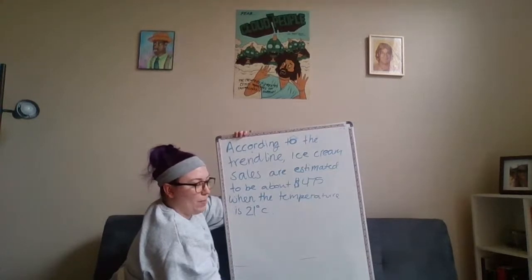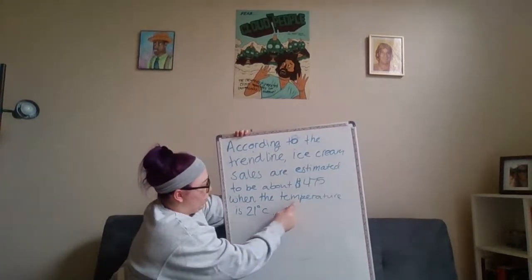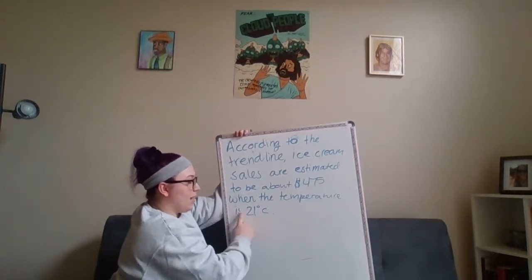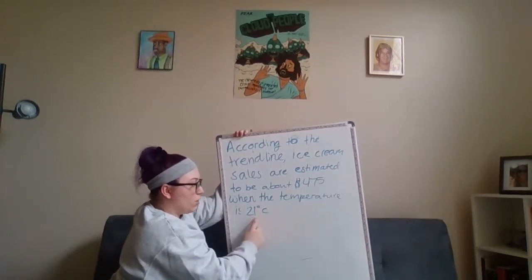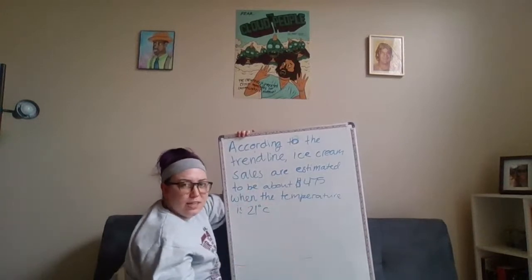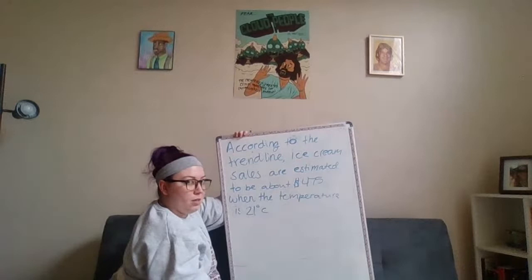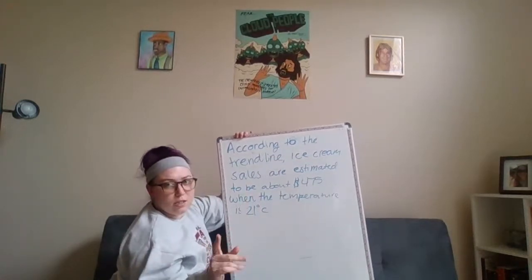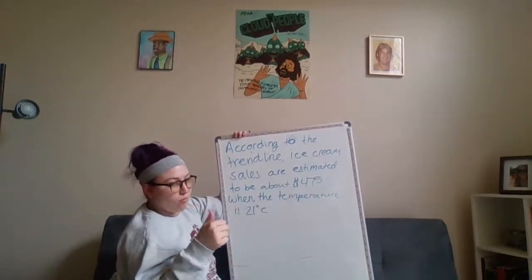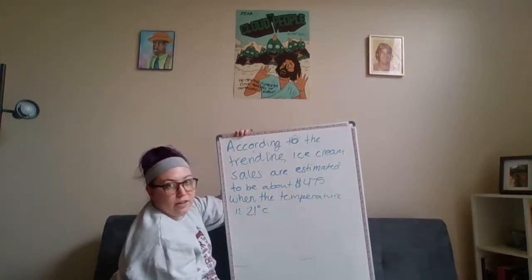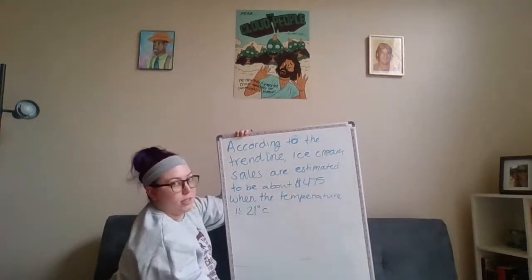What's my other variable that makes it happen? So when my temperature is at 21 degrees, because that's what they asked us to find, can you give me a good guess about how much money I'm going to make off of ice cream? So it's just one complete sentence. We're big kids now. And it's all you need for your answer.